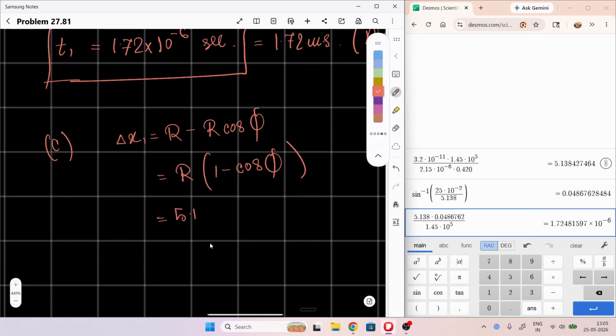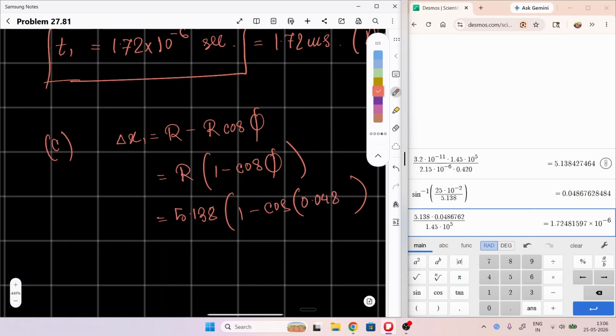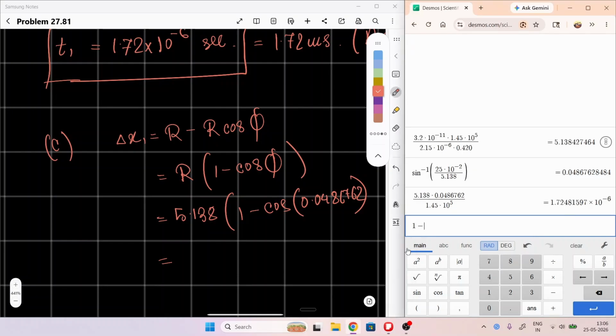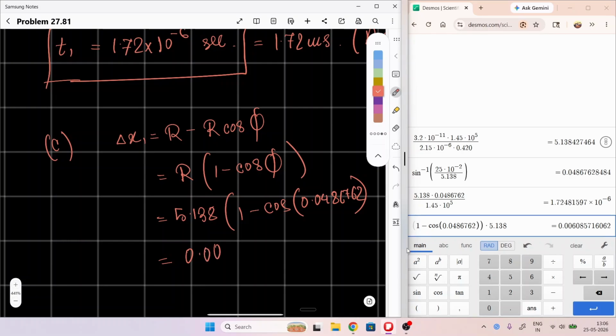R is 5.138, and 1 minus cos phi is 1 minus cos 0.0486762, into 5.138, which is approximately 0.0060857 meter.